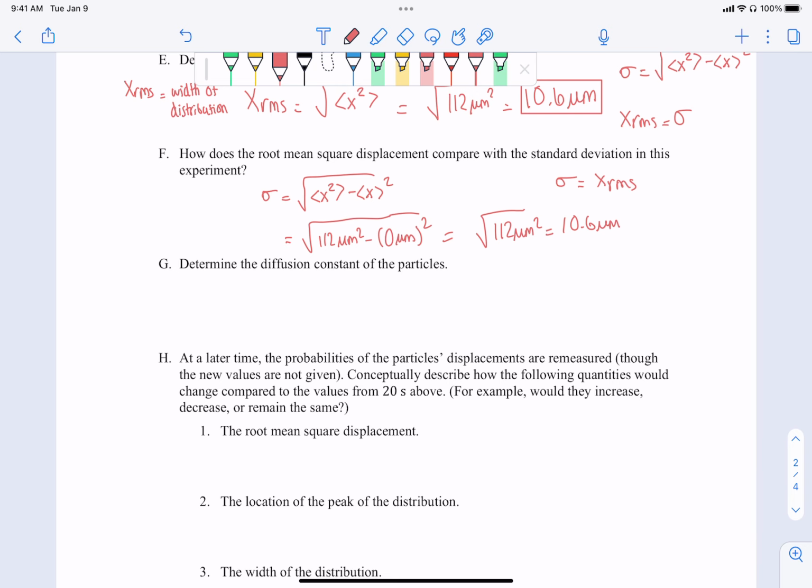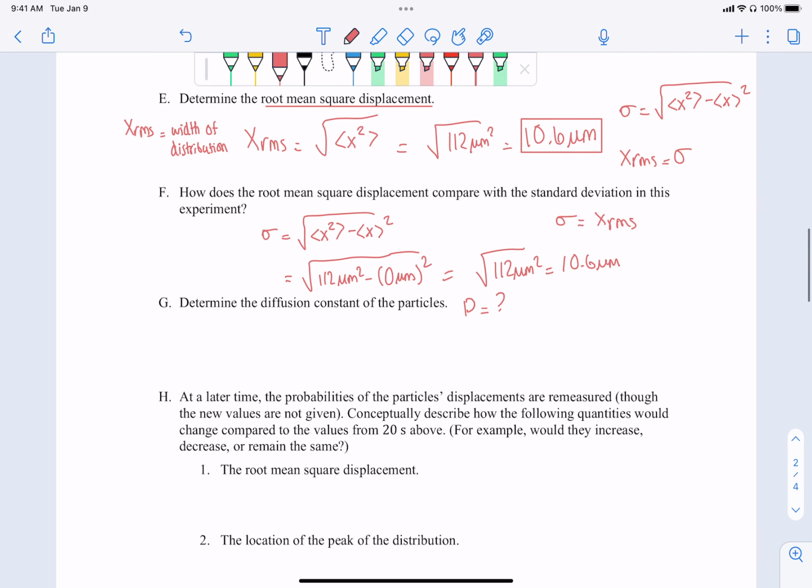So we have: determine the diffusion constant. The diffusion constant is just D, and we're looking for that value. How can we relate the diffusion constant to the values we have now? We know XRMS, so what equation could we use to relate the diffusion constant to XRMS?